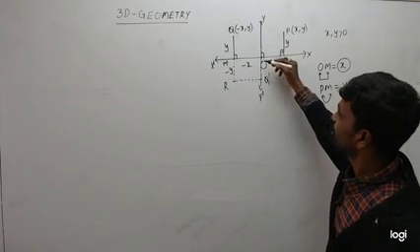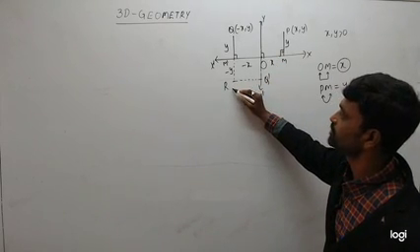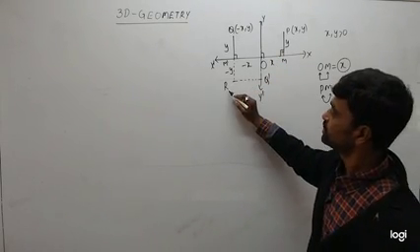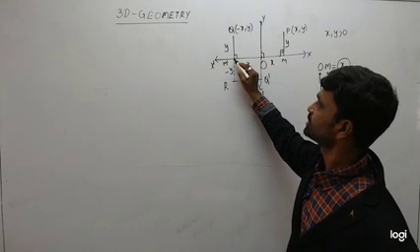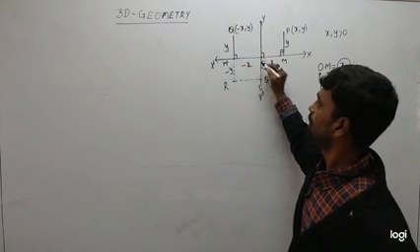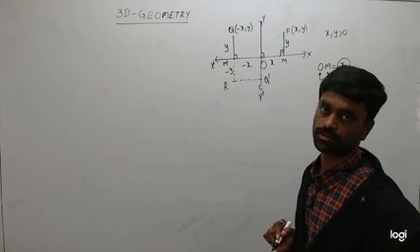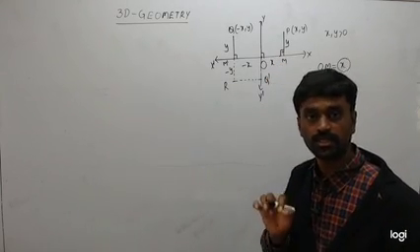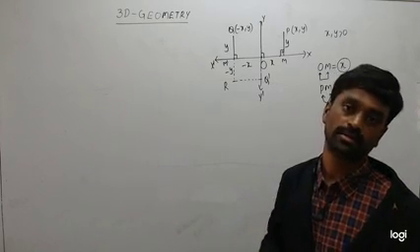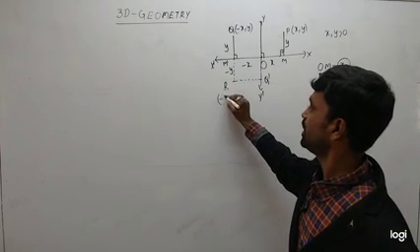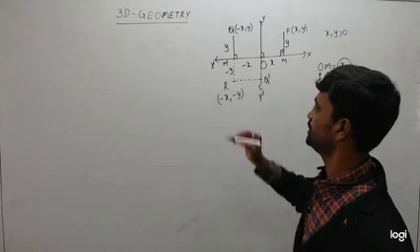Here we have taken which quadrant? The third quadrant. To reach this point R, we move along the negative x-axis, x units, and along the negative y-axis, y units. So the distances are x and y only, but the algebraic distances are minus x and minus y. That's why the coordinates of R become (minus x, minus y).